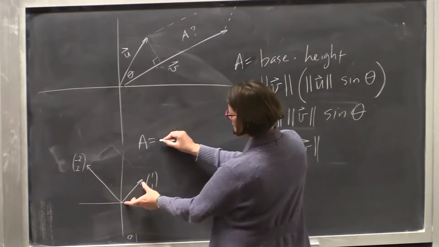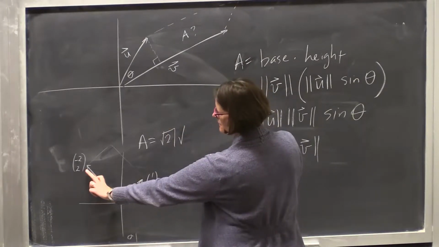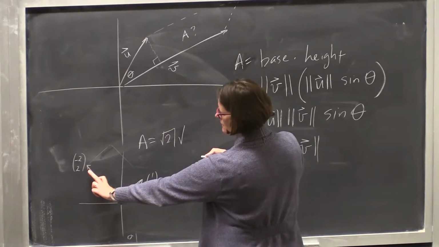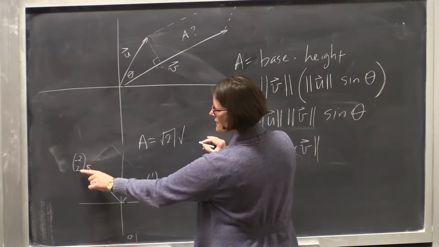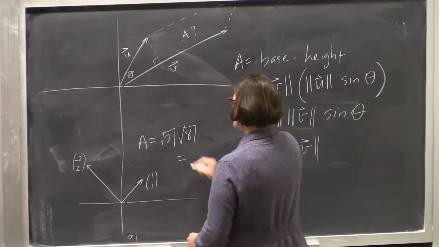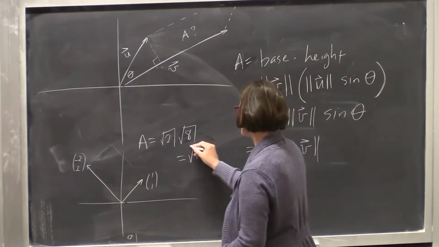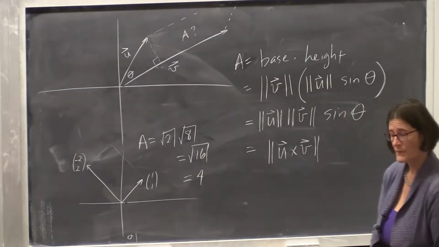So what's this length? Root 2. What's that length? What's root 8? You take this and you square it, you get 4. You add the square of this, you get another 4. So you get the square root of 4 plus 4, which is the square root of 8. And so the product is the square root of 16, which is 4. So we know this to be true.